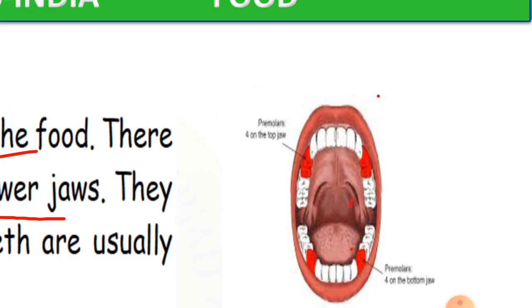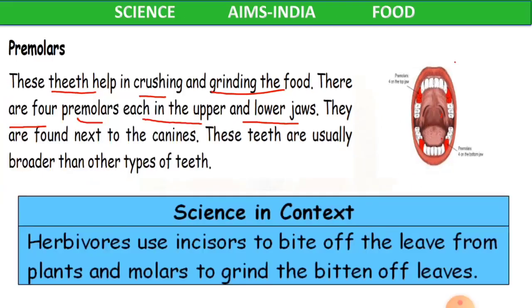So where are the premolars? Not exactly towards the back. Just before the backside teeth you have the premolars. Clear? They are found next to the canines. After the canines you will have the premolars.